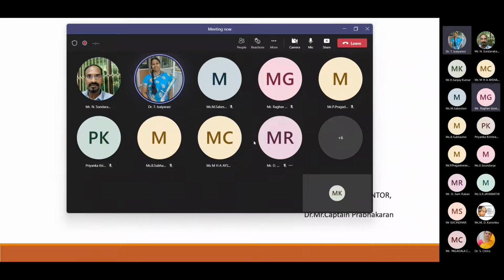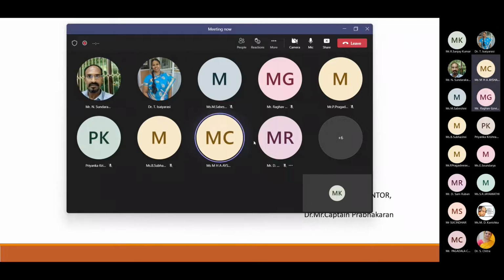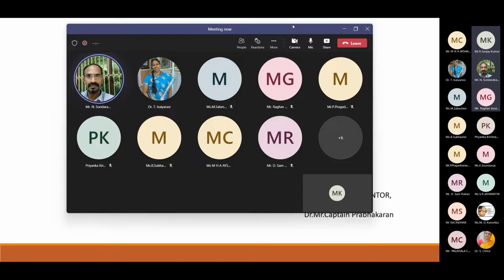Nice presentation. Thank you, ma'am. Linear algebra has many applications, in machine learning and more. Very enjoyable, nice presentation. Thank you, ma'am.